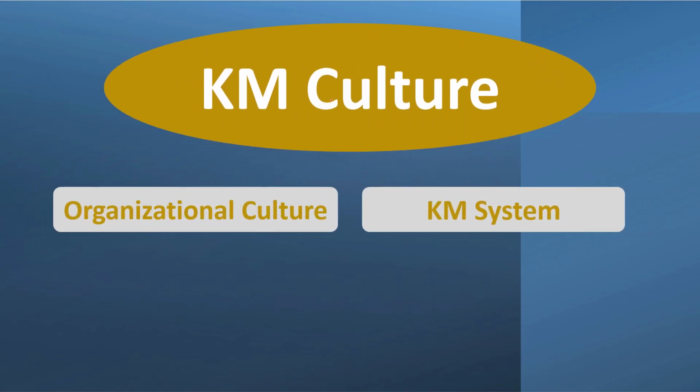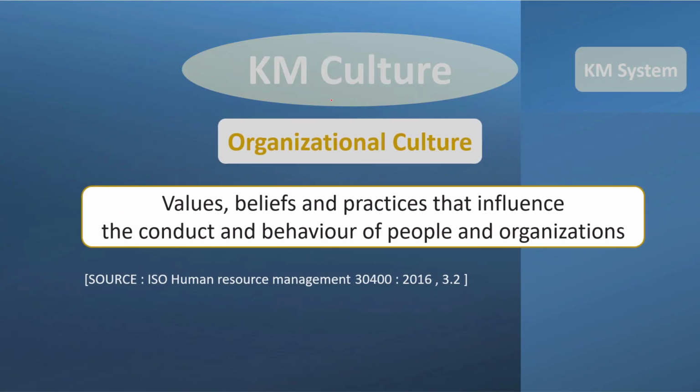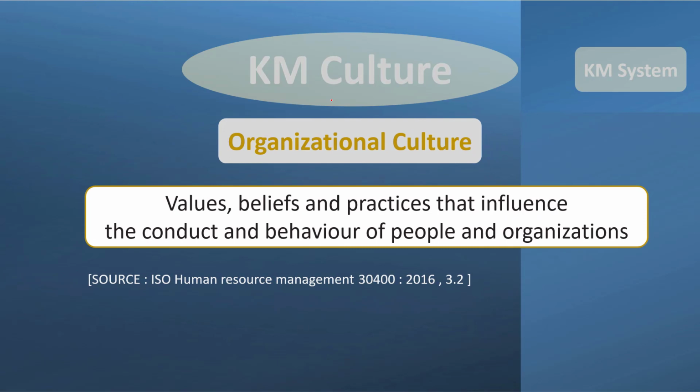But first, we must know two important things about the organization. First, what is organizational culture, and then what is a KM system. According to ISO Human Resource Management 30400, values, beliefs, and practices that influence the conduct and behavior of people and organizations are called organizational culture.